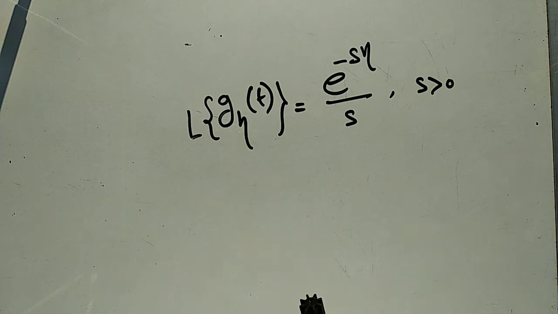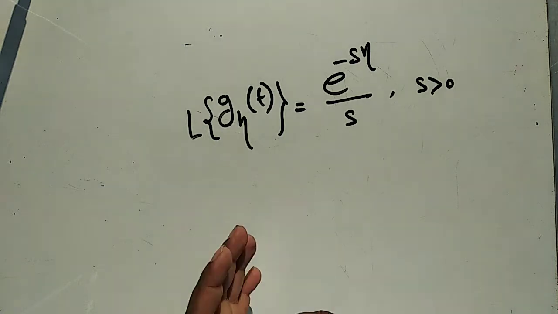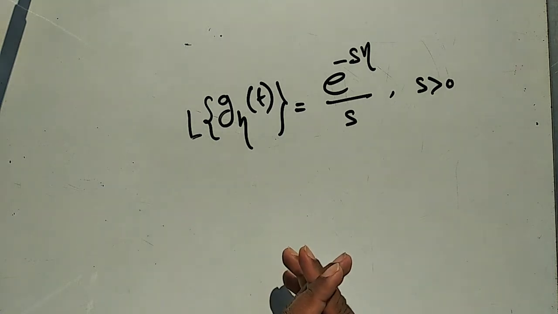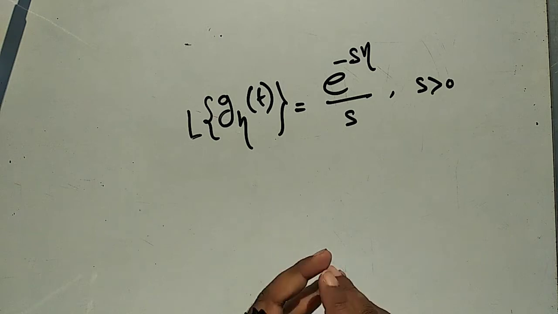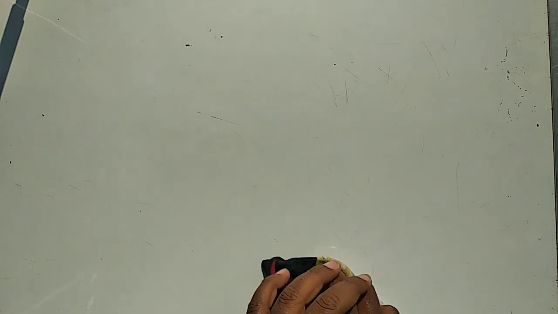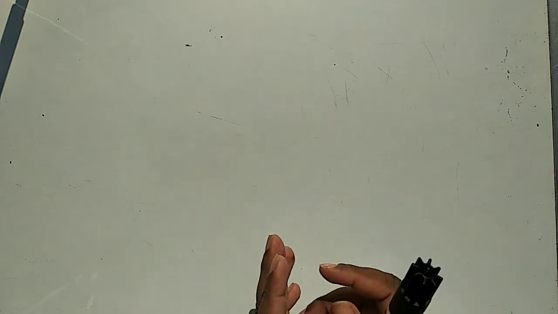Now if I take, you can say if I multiply the unit step function with any function, then what will happen? Now the use of unit step function is to translate a function to a certain distance in a positive direction.